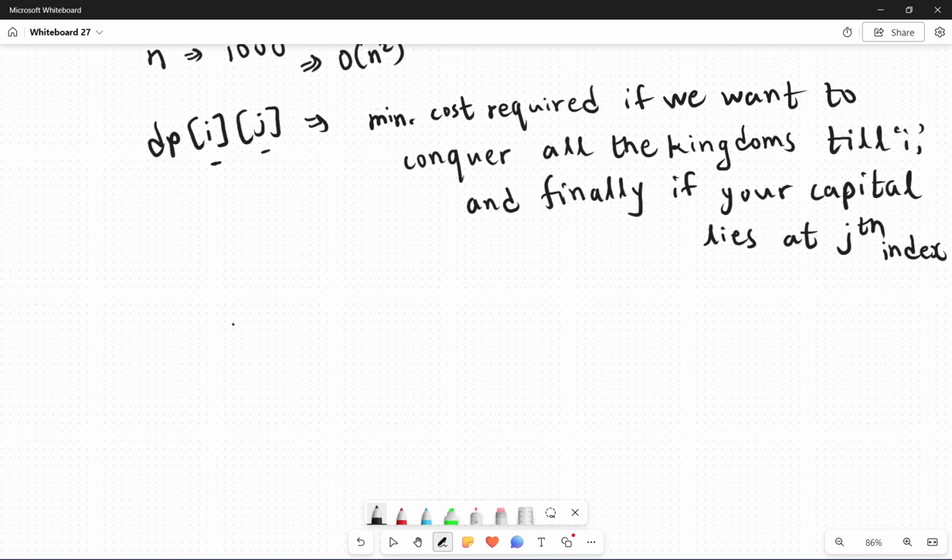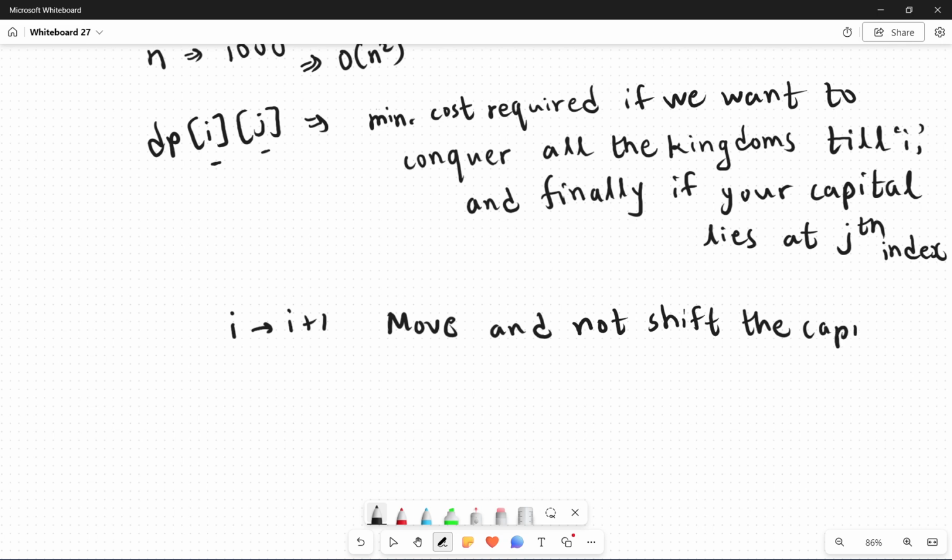And from moving from i to i plus 1, you can basically move and not shift the capital to the i plus 1th index.